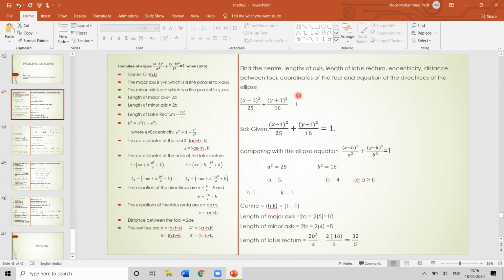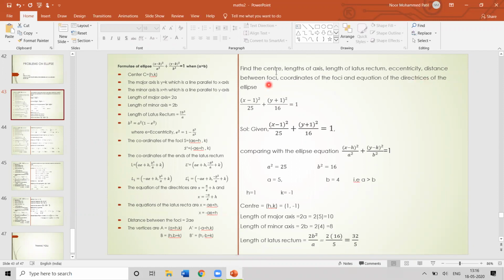So let us take an example, take a problem. Find the center, length of axis, length of latus rectum, eccentricity, distance between the foci, coordinates of the foci, and equation of the directrices of the ellipse.